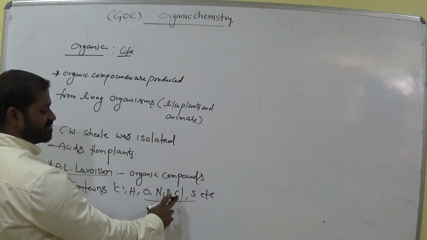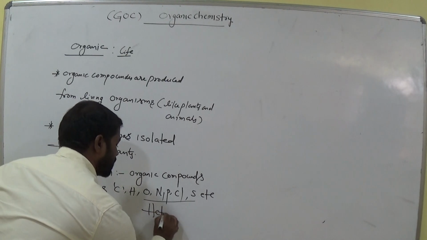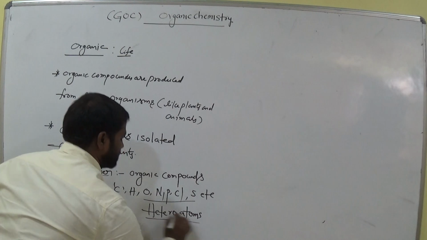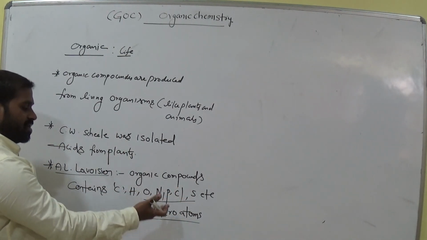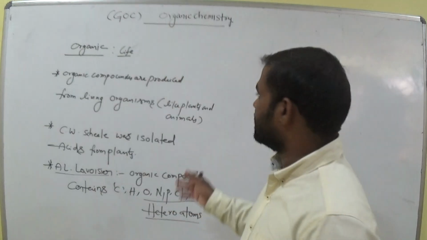Oxygen, nitrogen, phosphorus, chlorine, sulfur are called heteroatoms. So organic compounds have carbon, hydrogen, oxygen, nitrogen, phosphorus, chlorine, sulfur also. This statement is given by Lavoisier.